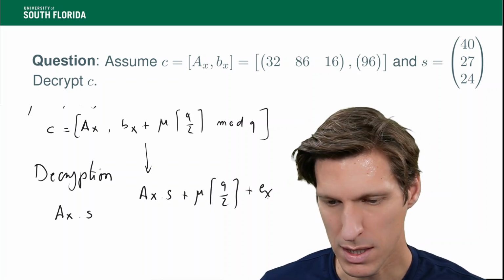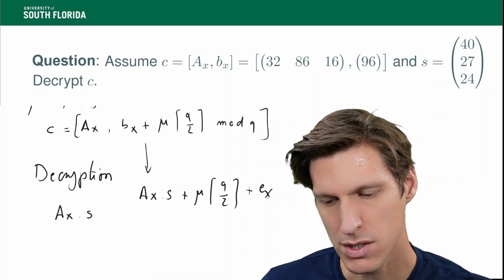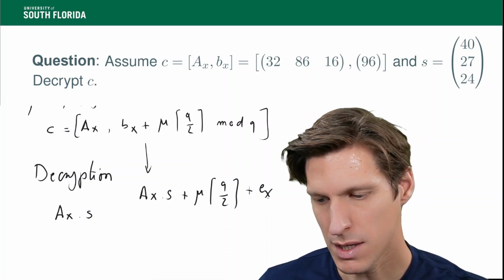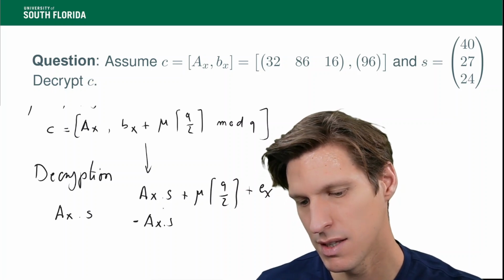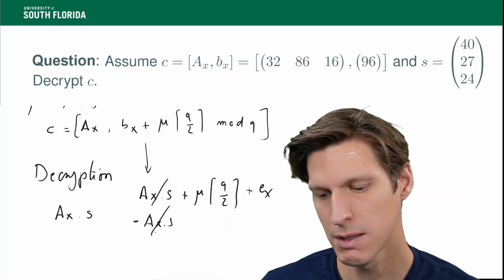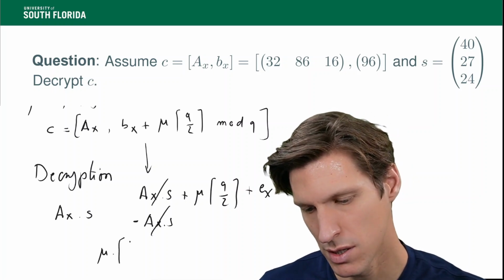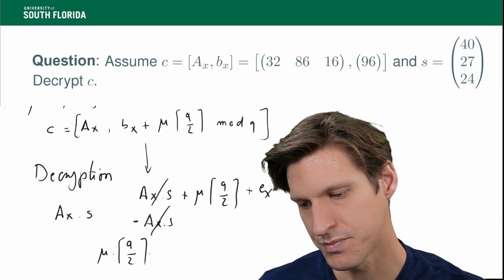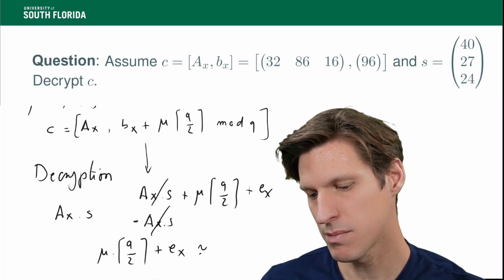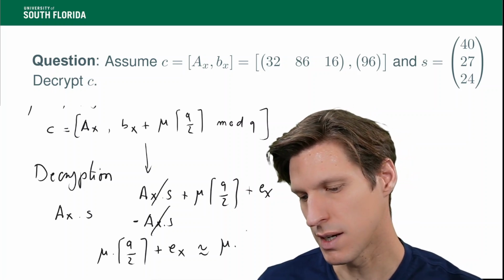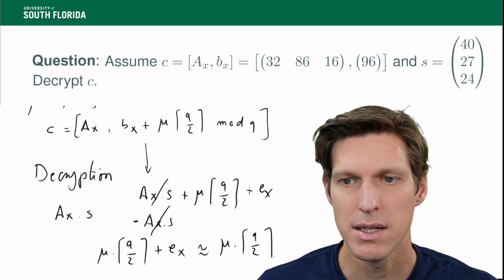But the thing is, if I subtract A_x times S from the second coordinate of my ciphertext, then of course these cancel out. And what am I left with? I'm left with mu, my message, times q over 2 plus E_x. And that is approximately equal to mu times q over 2. It won't be exact. In fact, it depends on the error.